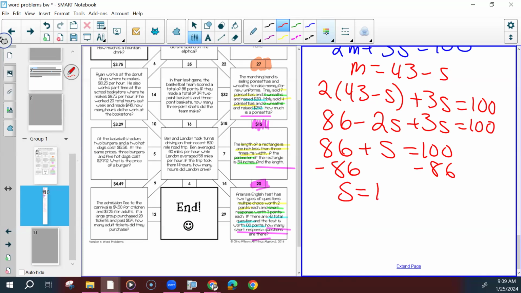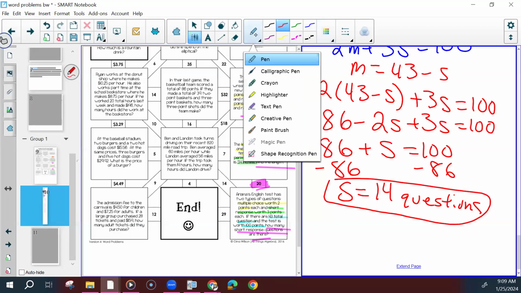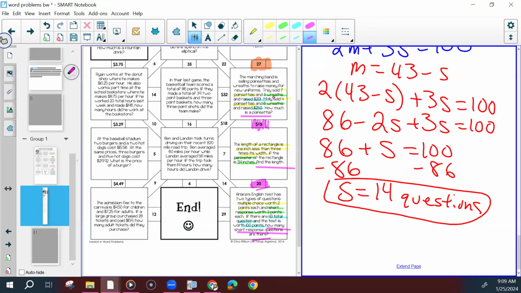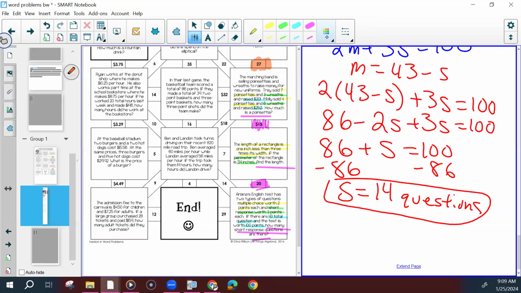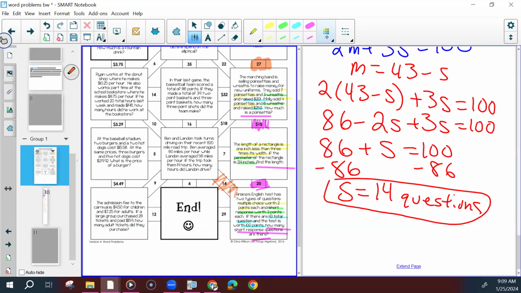This would be 14 questions. One more. From this one, we already know we can't go up. It has to be 5, 9, or 4.